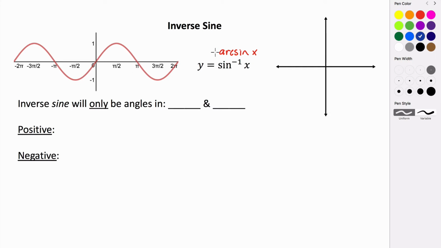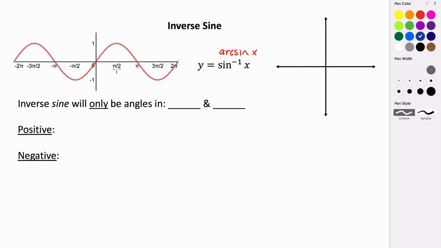So in order for our inverse function to be a function, we need to restrict the domain of our original function so that it has all of the values that are in the range of our original function, but is then 1 to 1.